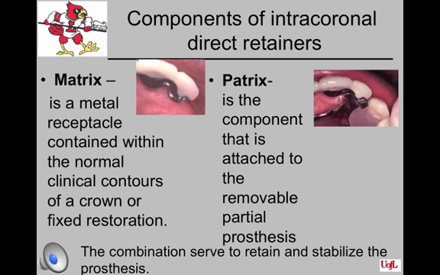The combination of the two serve to retain and stabilize the prosthesis. When more than one of these are used in a prosthesis, the two must be perfectly parallel to one another and to the path of insertion of the partial denture, or they will not work. A surveyor is often used to create these two attachments within the prosthesis.